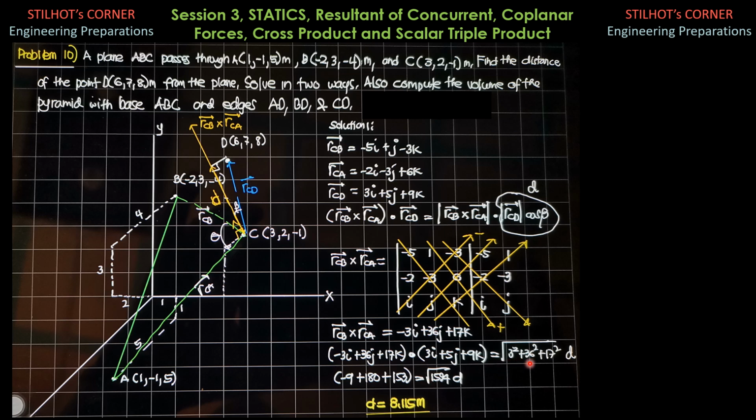Then the square root of 3 squared plus 36 squared plus 17 squared is the square root of 1594. We can now solve for D. It is equal to this value divided by the square root of 1594, and that is equal to 8.115 meters. So for the other way, see the next slide.